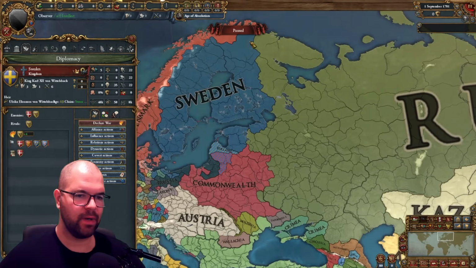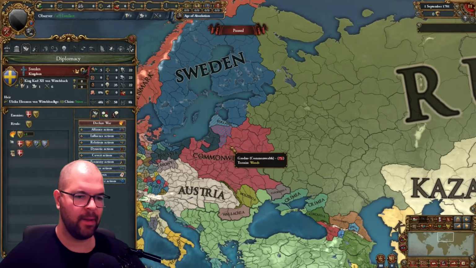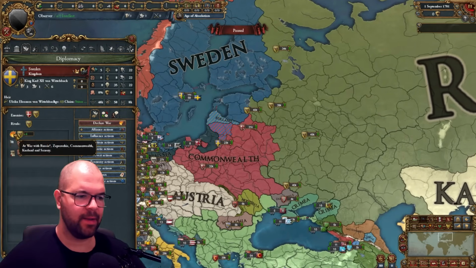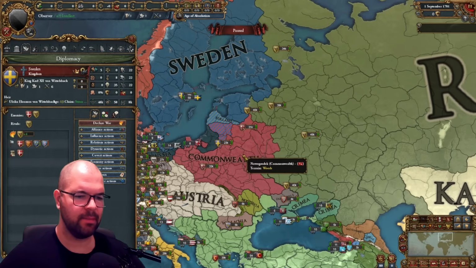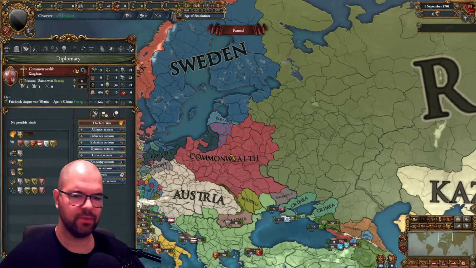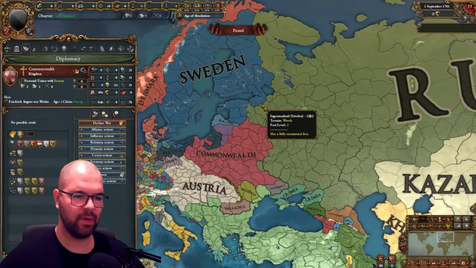I guess this is where Russia took the Baltic area and probably parts of Finland, but I'm not completely sure. I don't know why Commonwealth is in that war against them, because when I look at the game, they are not allied to Russia. So I guess this is something they programmed in.